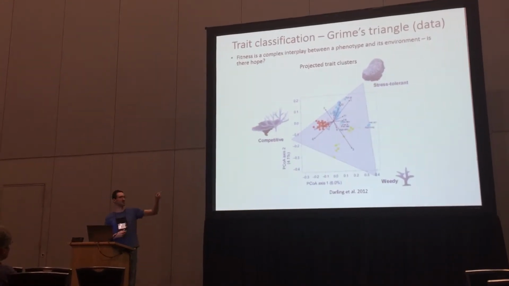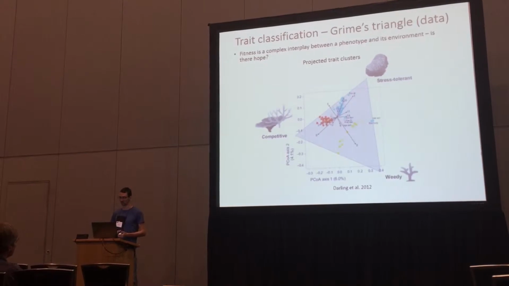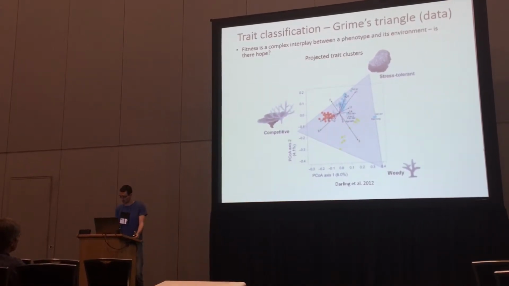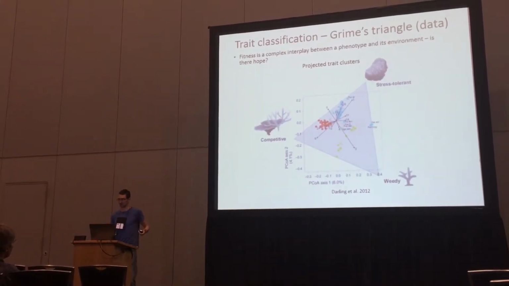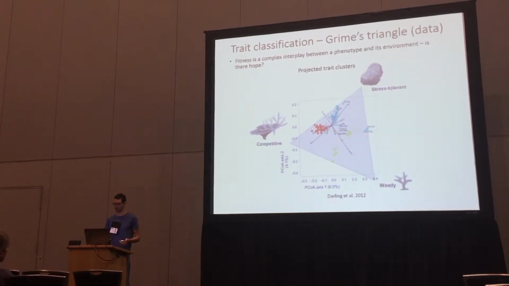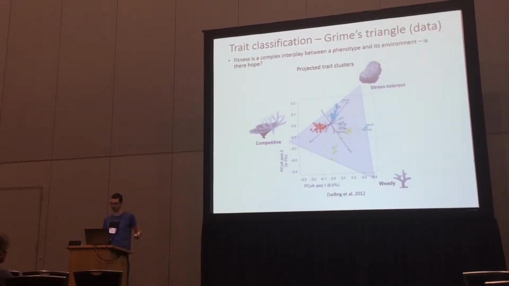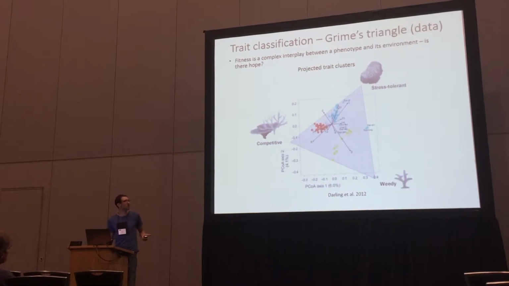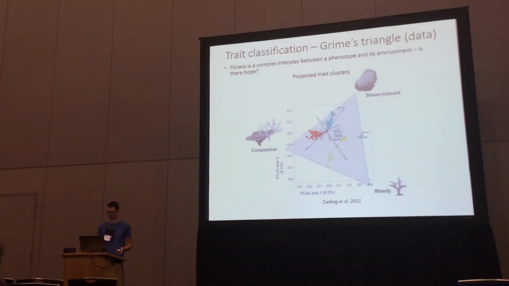In this case, it's actually just three key axes of variation that we need to care about. So this gives us some hope that it is possible to model fitness in general terms in a way that's not just an abstract constant.